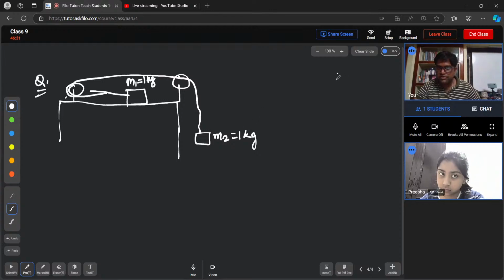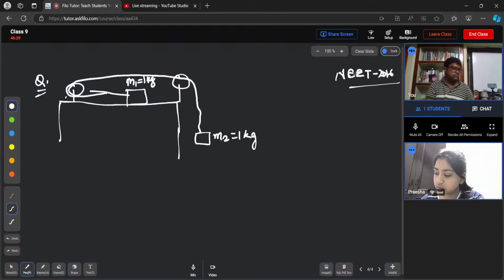So this is a NEET 2016 question. Yes, sir. So the question is that the object is on a frictionless table.